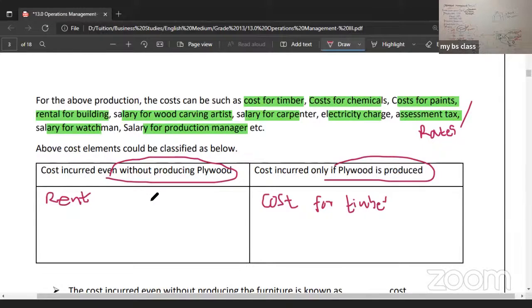You will have to bear a cost whether or not you make plywood. And likewise cost incurred only if plywood is produced. Right, guys, what do you think? I'll give you 1 minute.